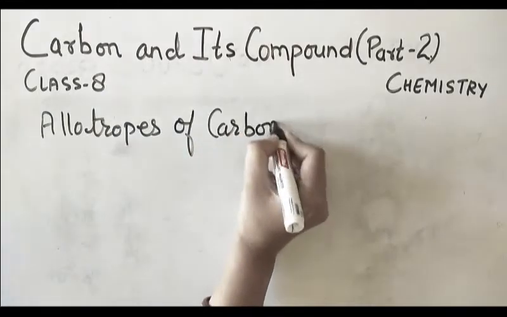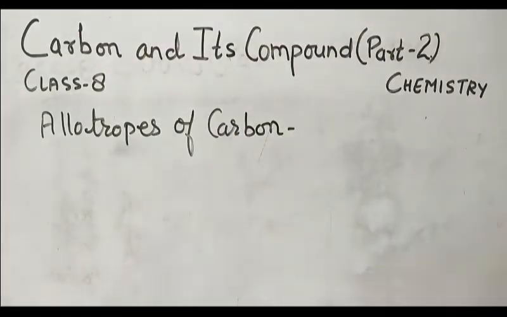First I am going to remind you what allotropes are. Allotropes are elements that exist in two or more different forms in the same physical state, having different physical properties but the same chemical properties.